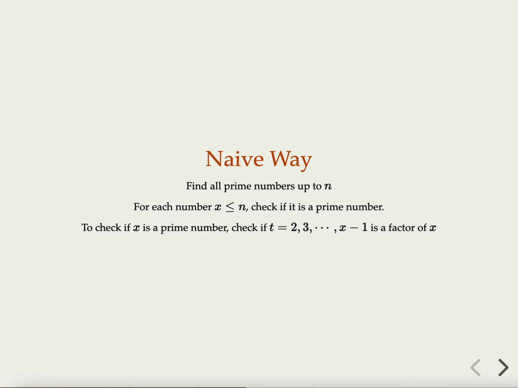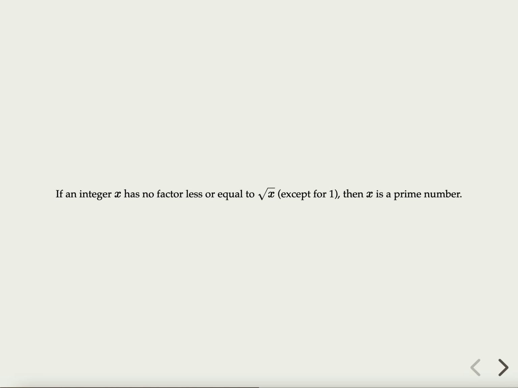Of course, one optimization you may be able to do is to think about if a number x is a prime number, then you can check up to the square root of x. So you don't have to check all numbers up to x minus 1.